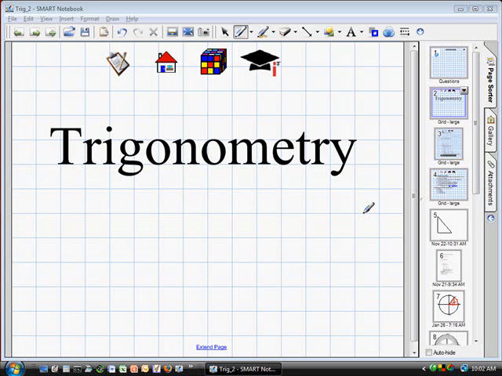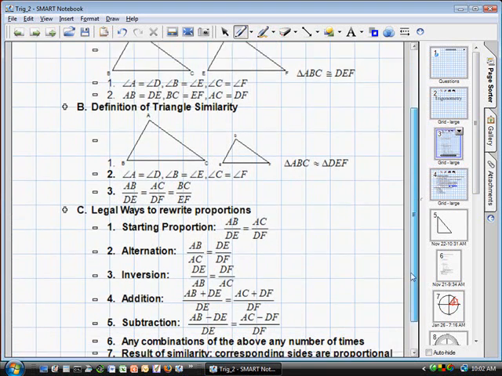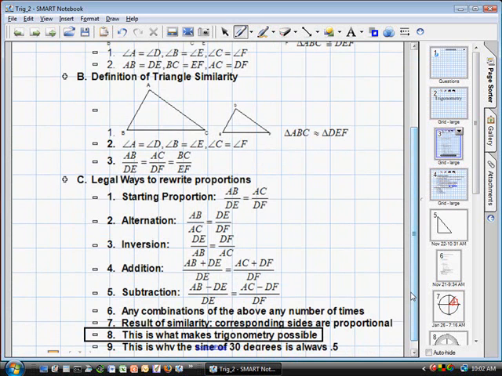Okay, now, let's review a couple other things. I've got the outline up here that we were looking at yesterday. We also learned that we could take these proportions that result from similar triangles and legally generate other proportions from them.